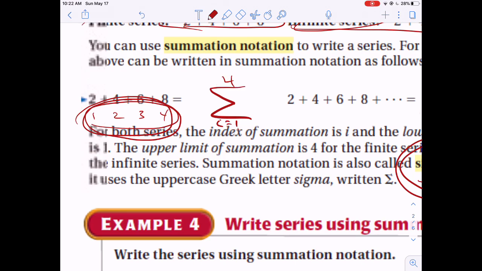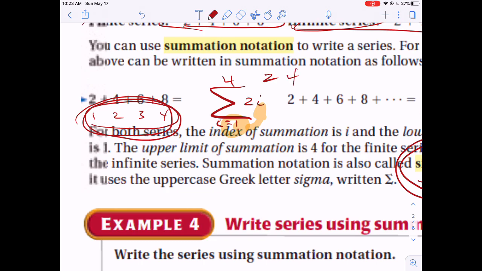Now, what are we doing from 1 to 4? Well, we're going to do the rule that was developed earlier. It's just going to be 2i. So we start again at 1. You put a 1 in for the i. 1 times 2 is 2. That's your first number, right? Then you put a 2 in for i, because you're counting from the 1 up to the 4. 2 times 2 is 4.